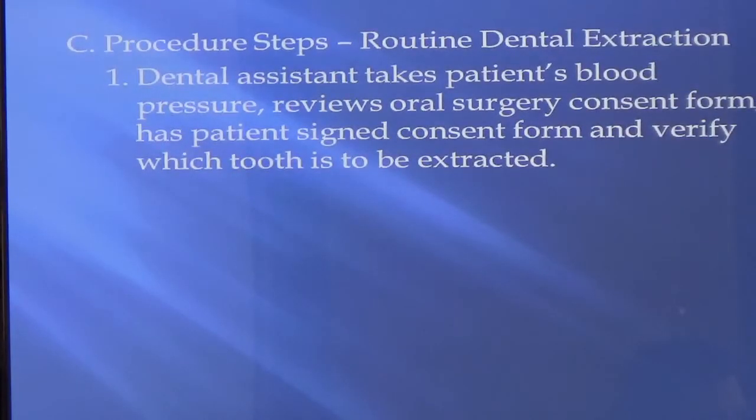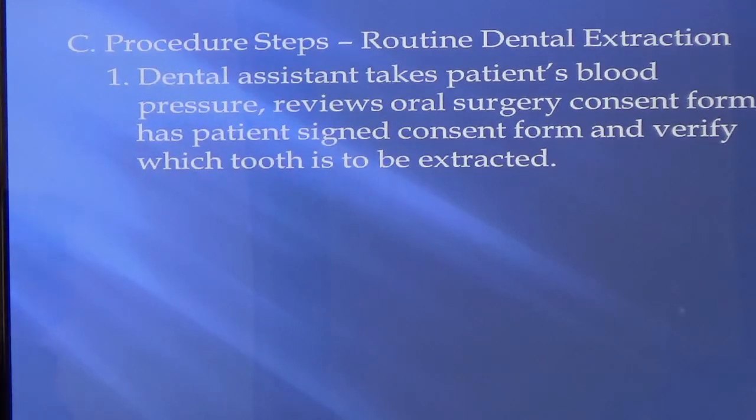What's done? The dental assistant, again, you're going to take the blood pressure, make sure the patient has signed consent. Tell them we're going to take out such and such a tooth. These are the possibilities. And then normally when the doctor comes in, he checks the consent form and asks if there's any questions and maybe highlights anything.